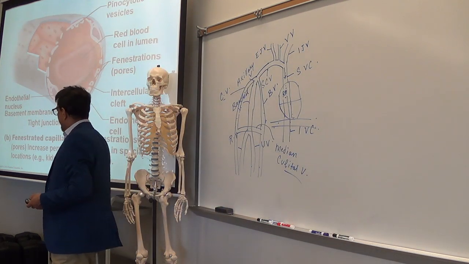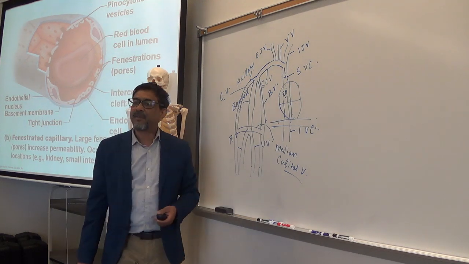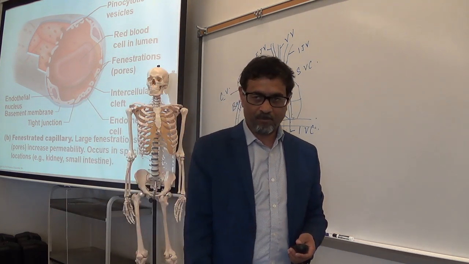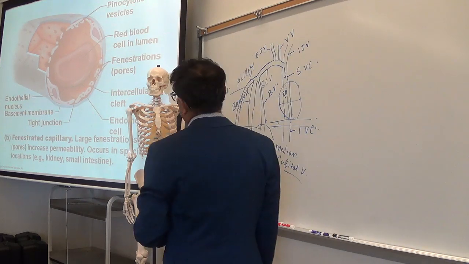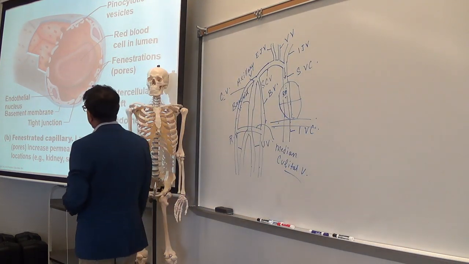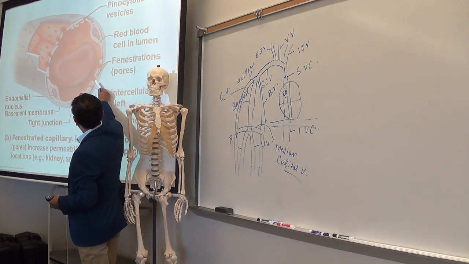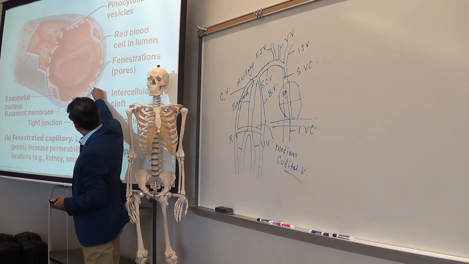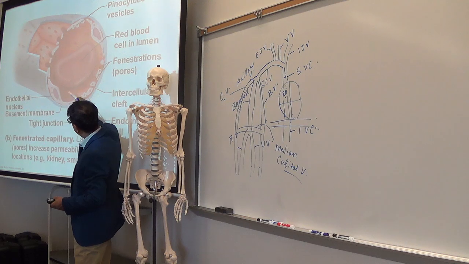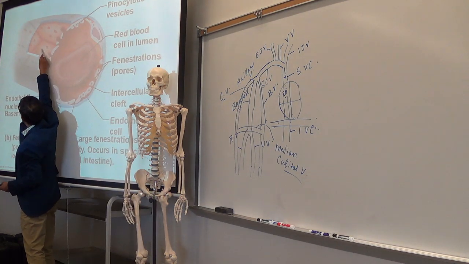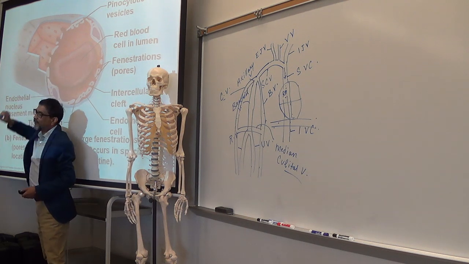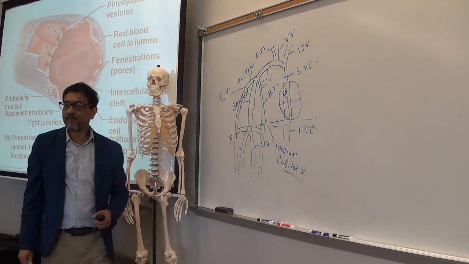This is the wall of a fenestrated capillary, more permeable than the continuous. Why? Because you have intercellular clefts like continuous, but in addition, you have many pores in the wall.